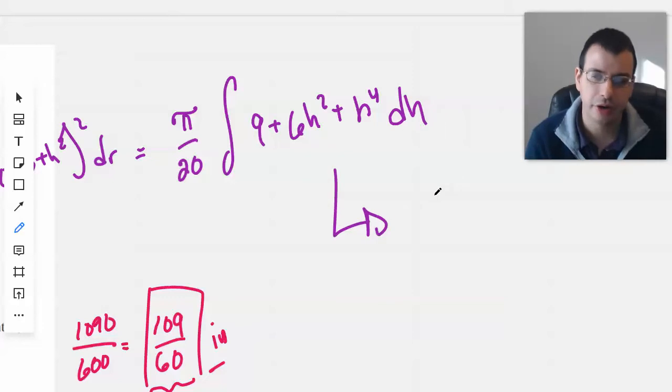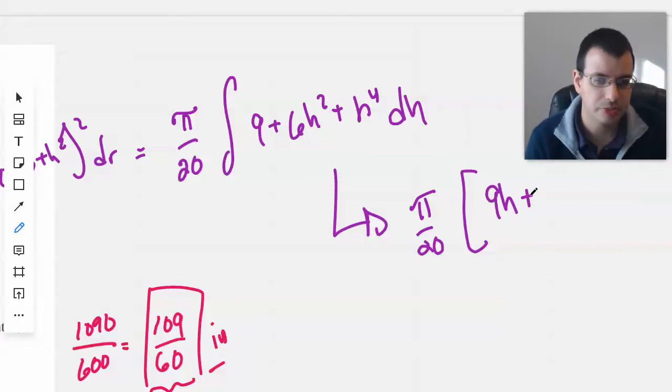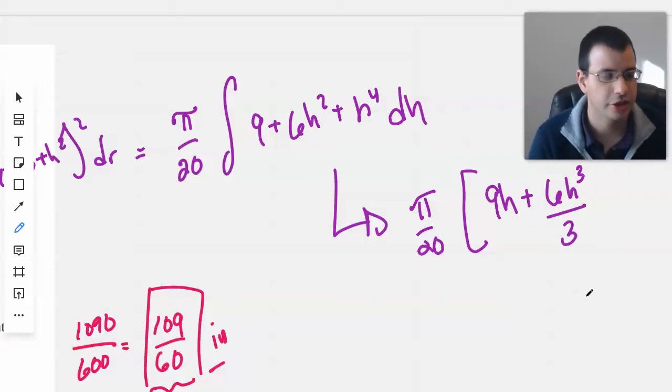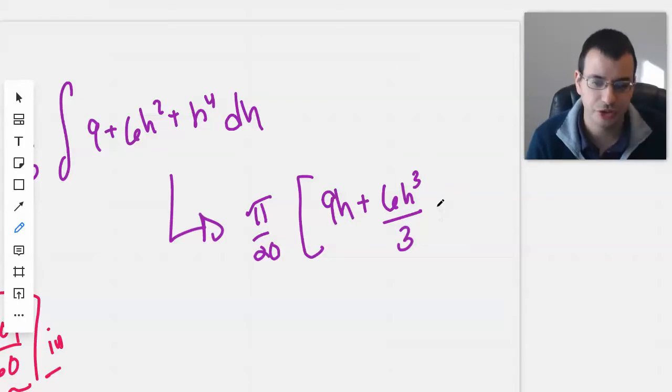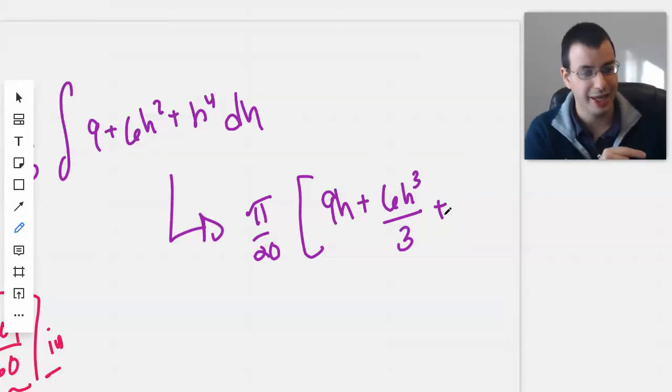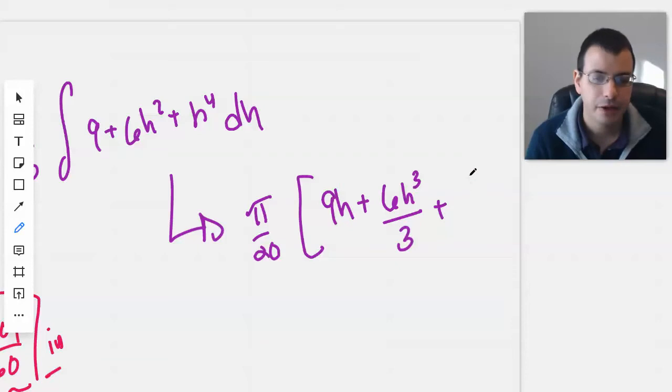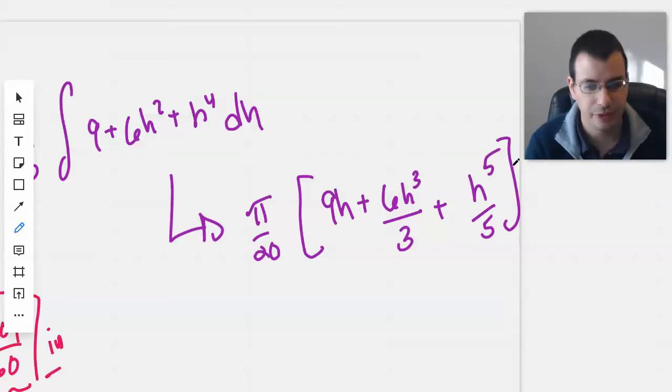Come down here, pi over 20 times 9h plus 6h cubed over 3, because your exponent goes up by 1 and then you divide by what your exponent became, plus h to the 5th over 5, and then this will be from 0 to 10.